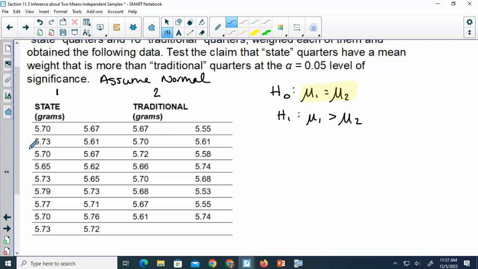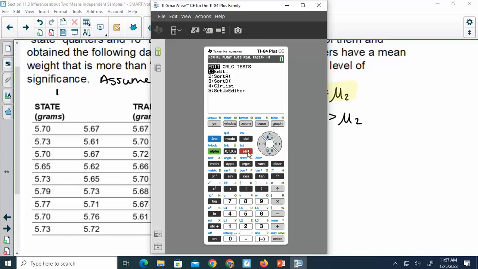At this point, we have everything entered, one in L1, one in L2. Then you are going to go to stat, tests. Anytime we're talking about the mean, we do a t-test, right?